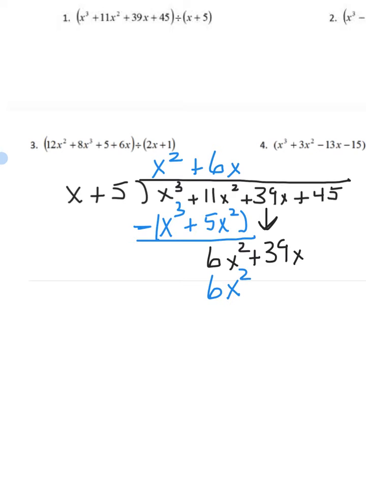And then I'm going to multiply my 6x times my 5. 6x times 5 is 30x. And then I'm going to subtract again. And when I subtract, 6x squared minus 6x squared is just 0. And then I have 39x minus 30x, which gives me 9x. And then I'm going to bring down the 45.